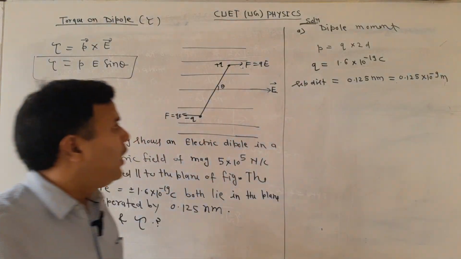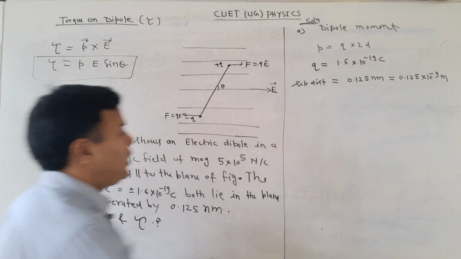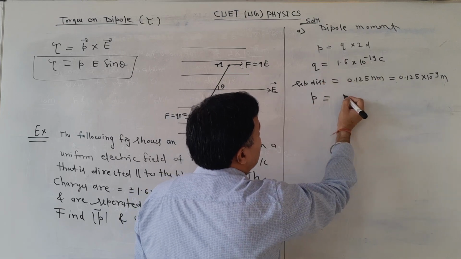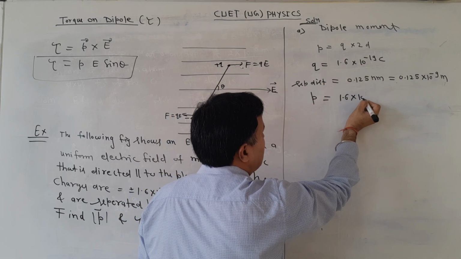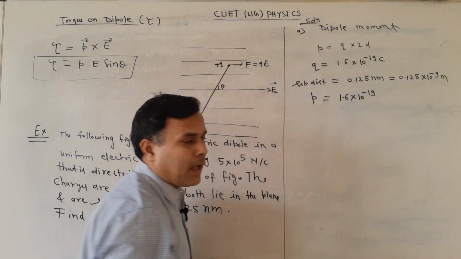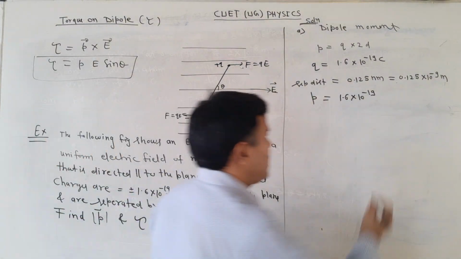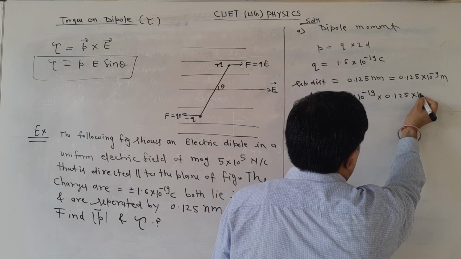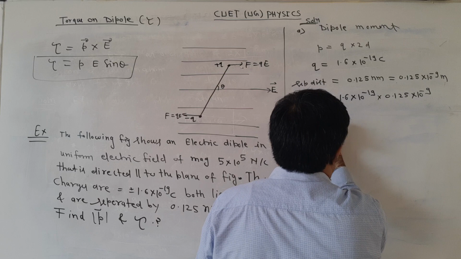So what is our P? P is simply charge into separation distance: 1.6 into 10 to the power minus 19 times 0.125 into 10 to the power minus 9.